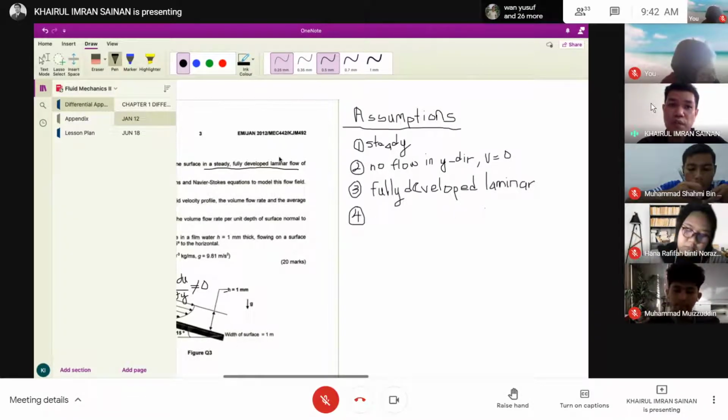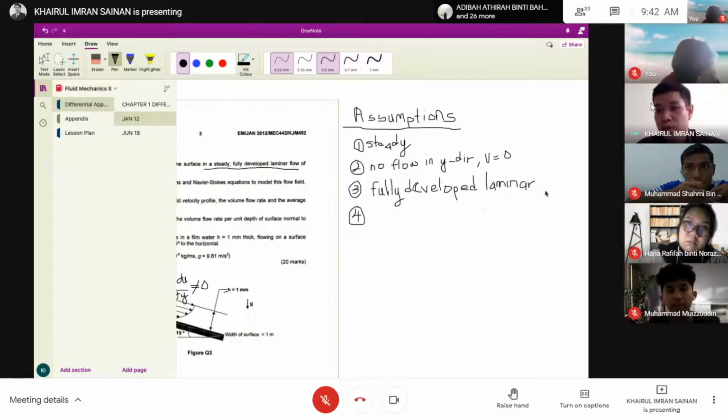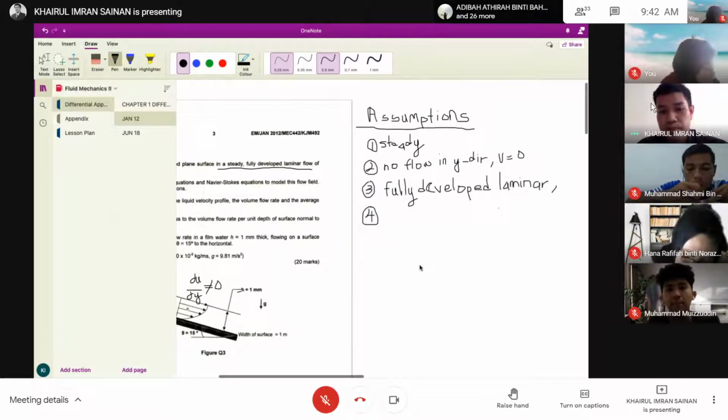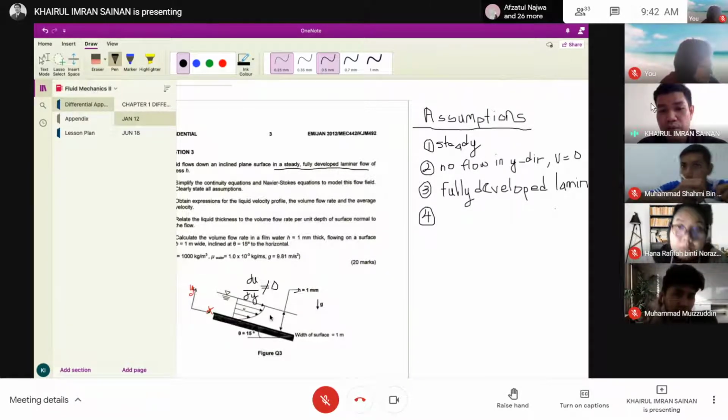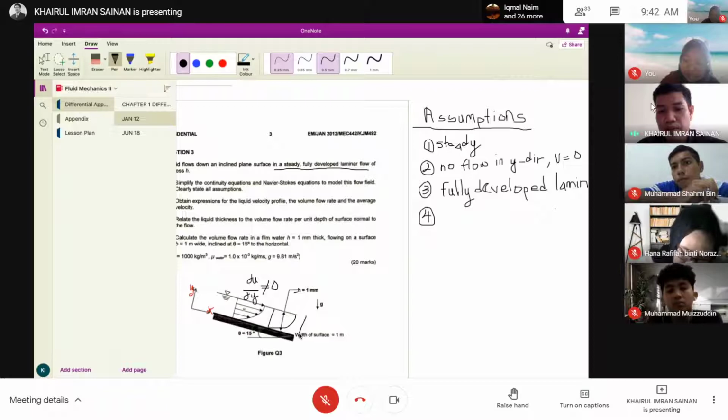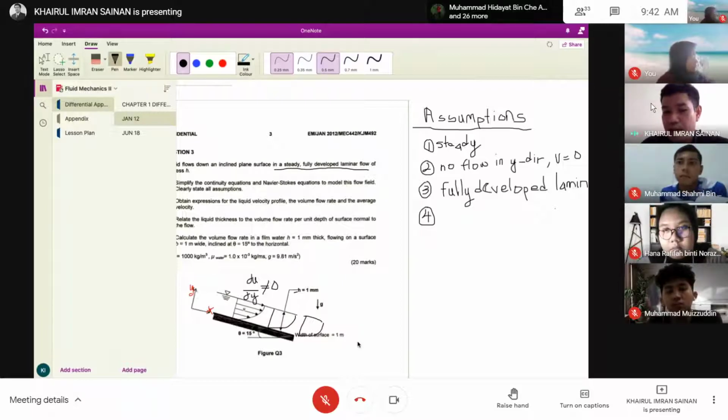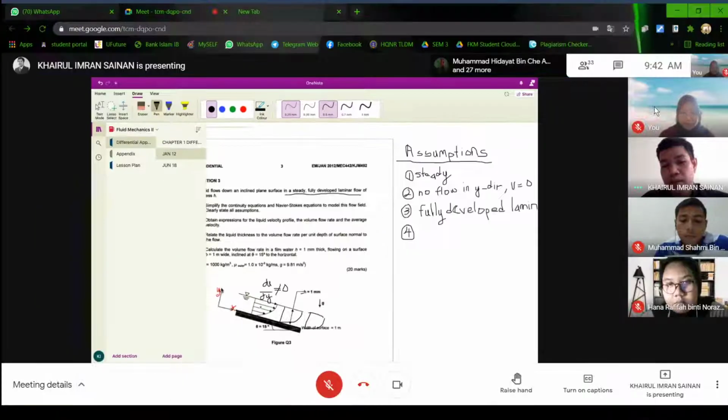And then you have a fully developed laminar flow. So the same. U does not change with x. So del u over del x is going to be 0. Imagine this drawing is the same. Meaning there's no change of u towards x.